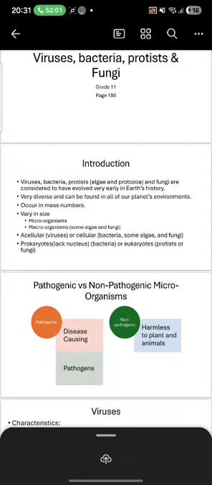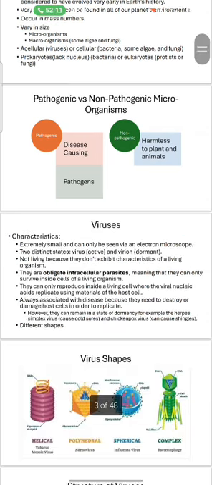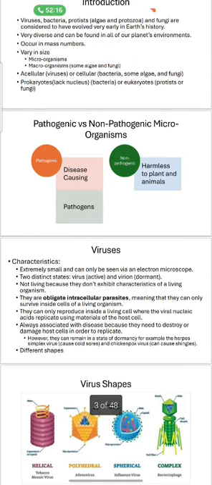They vary in size, which is microorganisms and macroorganisms, which includes some algae and some fungi. They are acellular, which are the viruses, or cellular, which are the bacteria, some algae, and fungi. Prokaryotes lack a nucleus, bacteria, or eukaryotes, which includes protists or fungi.